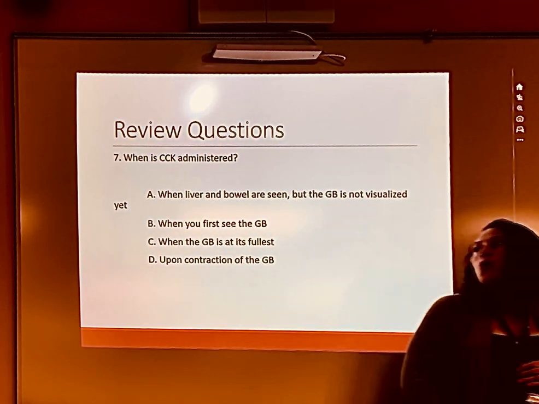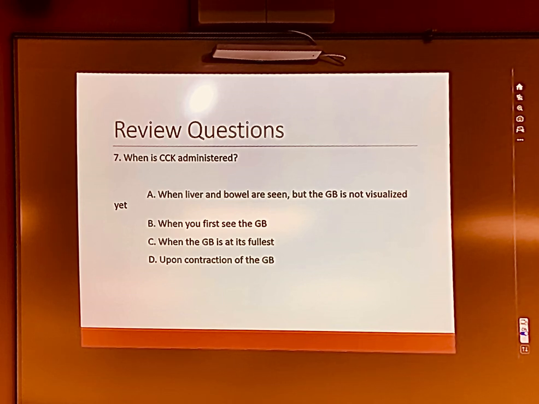So it's C. When the gallbladder is at its fullest. You give CCK to determine the function, the ejection fraction of the gallbladder, right? Or you give it prior if the patient hasn't eaten in a long time.